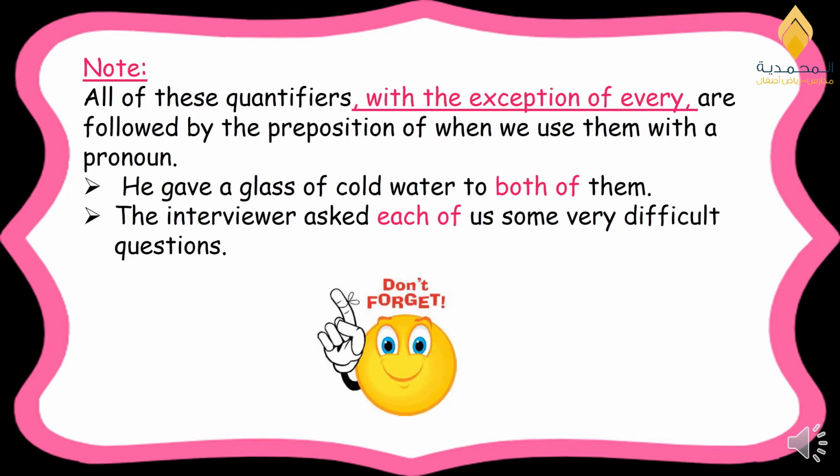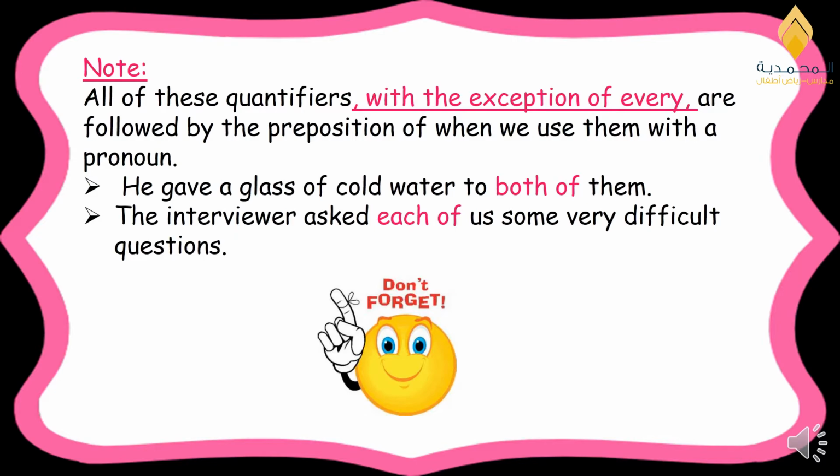I say he gave a glass of cold water to both of them. Both of them. If you use a pronoun here, you have to put what? Of, after the quantifier both.